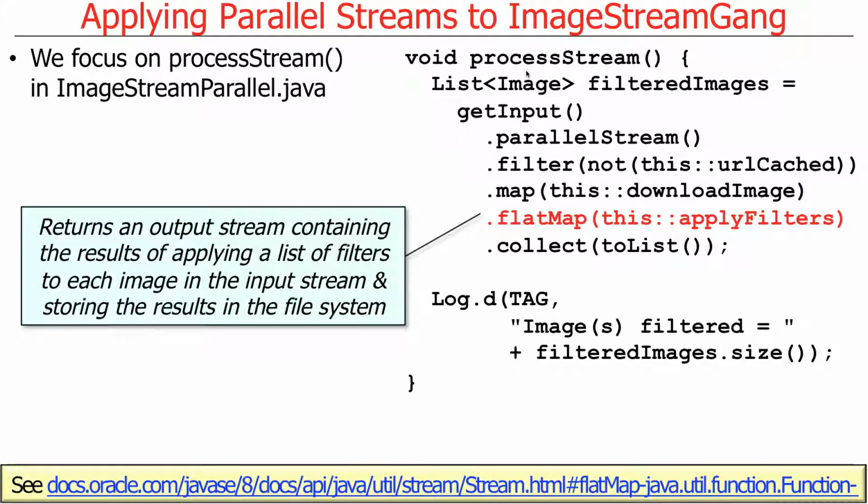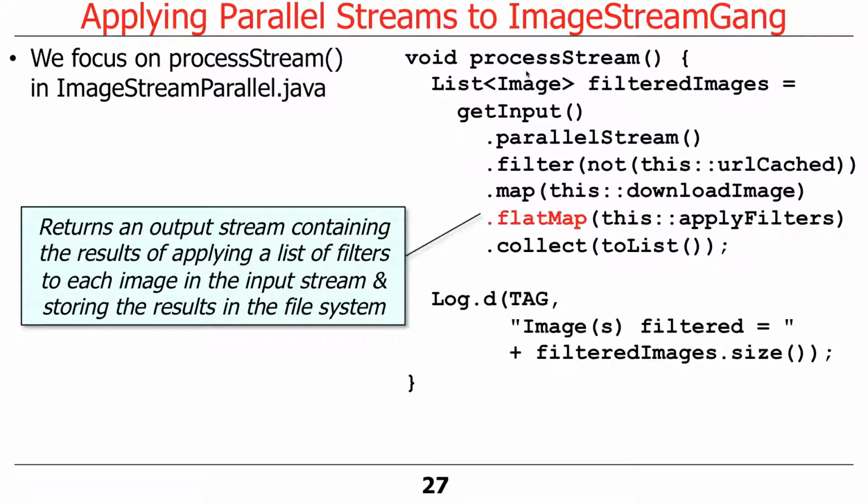And so what flat map does is it basically takes the input and creates a bunch of output streams, which it then turns into a single aggregate output stream. So flat map returns a single stream that's flattened all the other parts. So it looks like a single stream, or it is a single stream, but it actually may contain multiple output elements from the input that came to it.